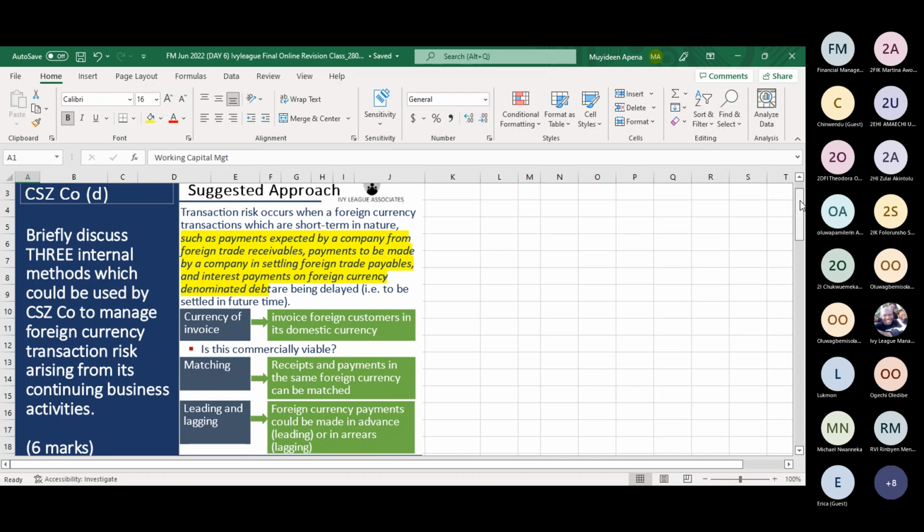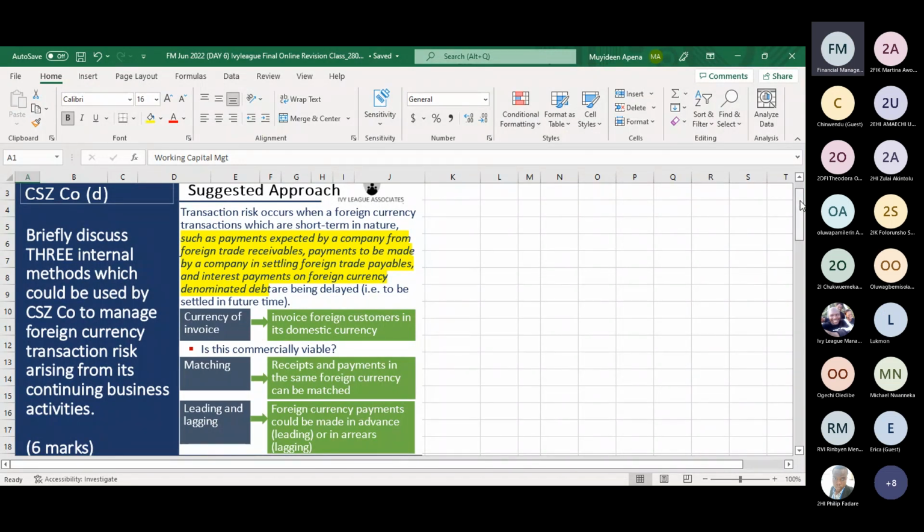For instance, if CSE code is a dollar-denominated or dollar trading company, and the customer is using euro, CSE code can issue the invoice in dollar. Once it does, CSE code is not exposed to exchange rate fluctuations. The customer would have to look for dollar to settle CSE code. That's what issuing invoice in domestic currency means.